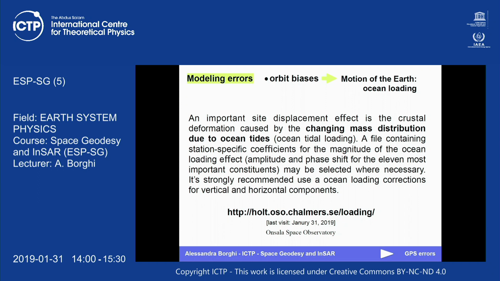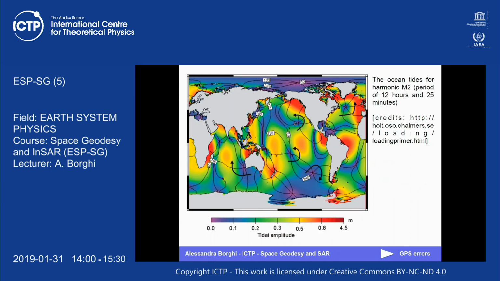In these websites, I checked because in the past there was another address. This is the website of the Onsala Space Observatory in the north of Europe. They give us the information to compute this effect and to correct our data.